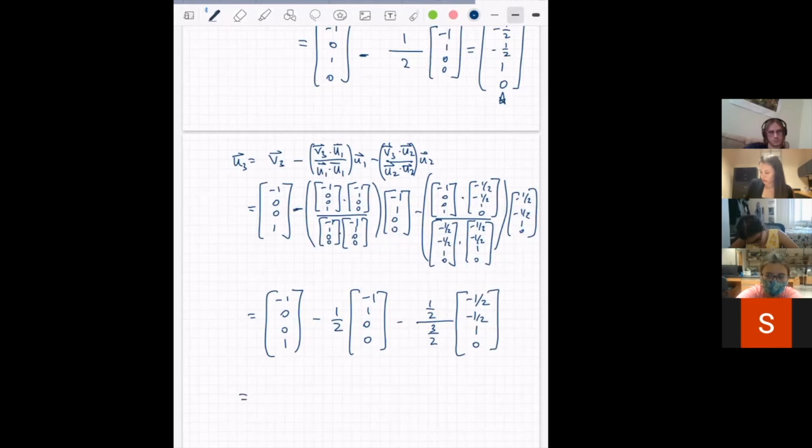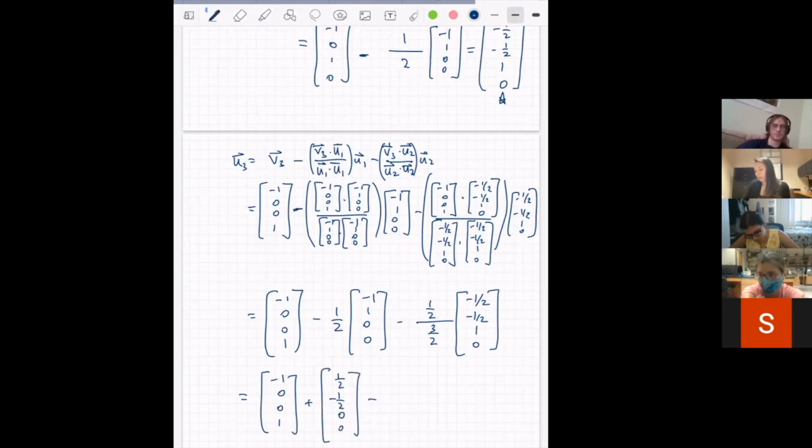Okay, and then it's just a matter of simplifying. So here, I'll just insert this scalar. So we get 1/2 minus 1/2, 0, 0. And this will simplify to 1/3, right?